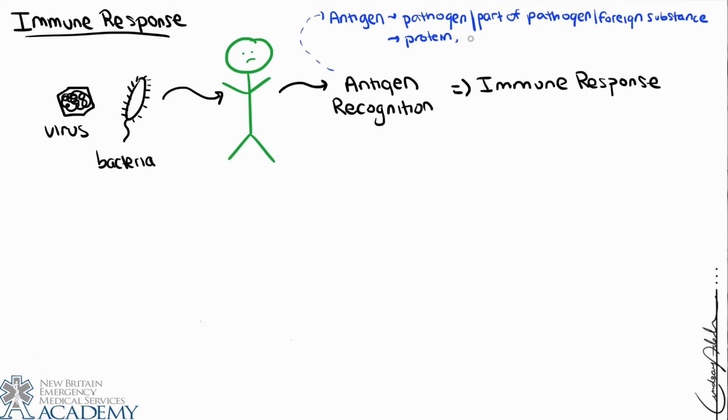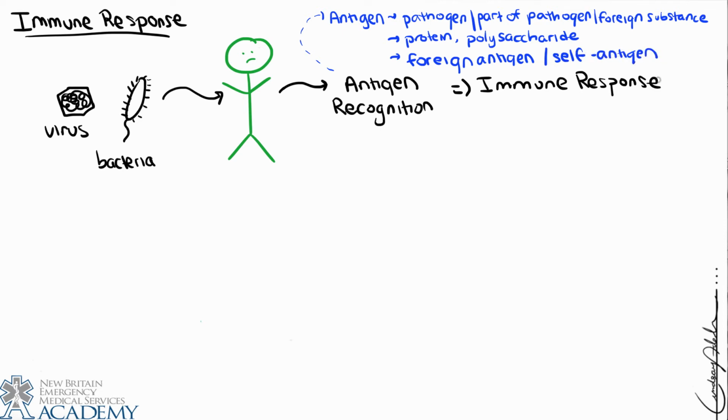Now, antigen generally is considered a bad thing in the body, but it's also important to note that the body produces some of its own antigens. Its own antigens would not be dangerous to the body, but would be dangerous if they were injected or inserted into someone else, another individual, in which case they would be classified as bad. So for the purpose of clarity in our discussion, we'll classify antigens in one of two categories.